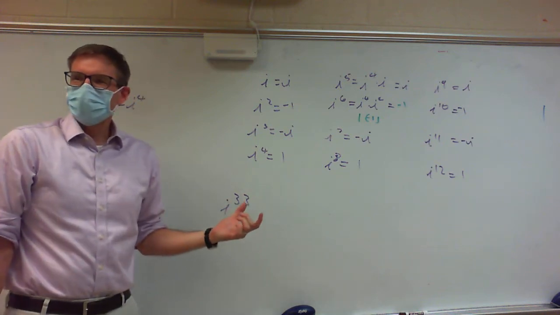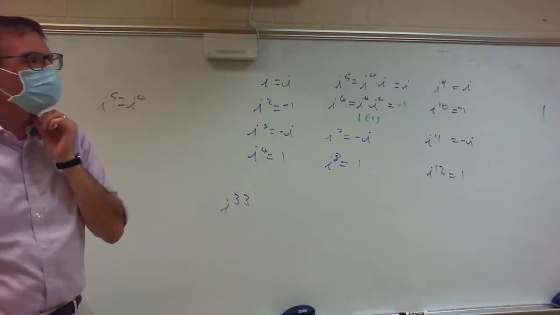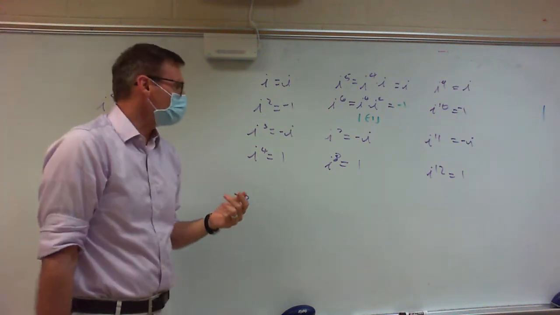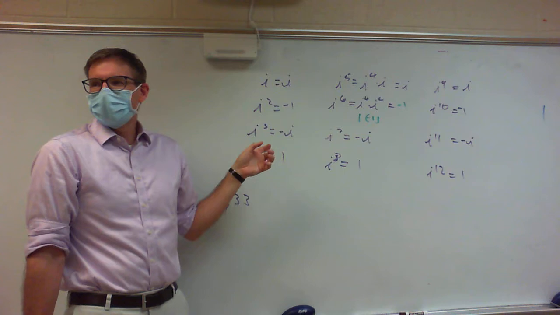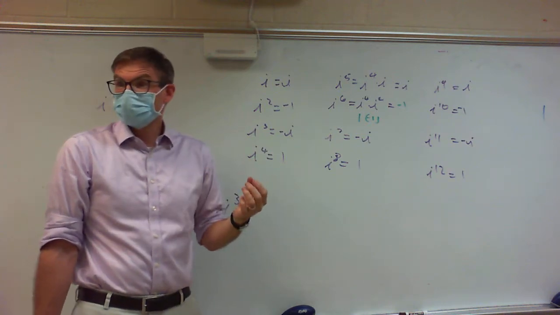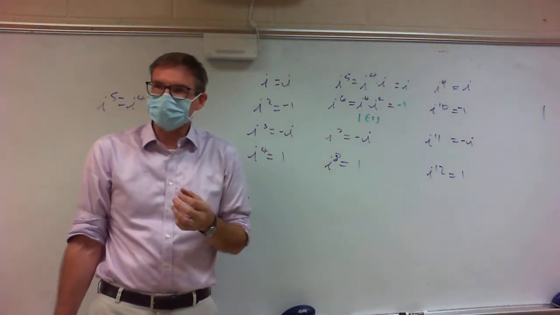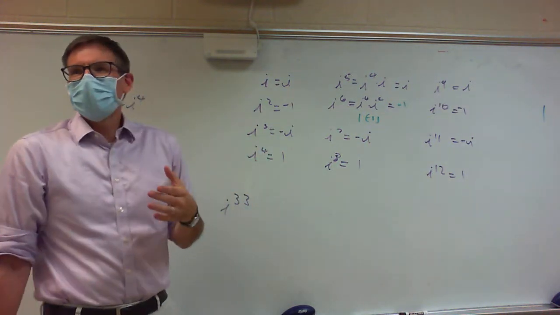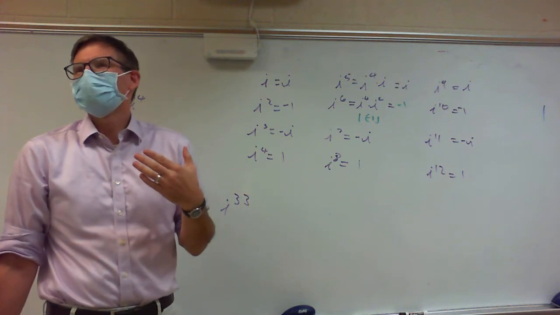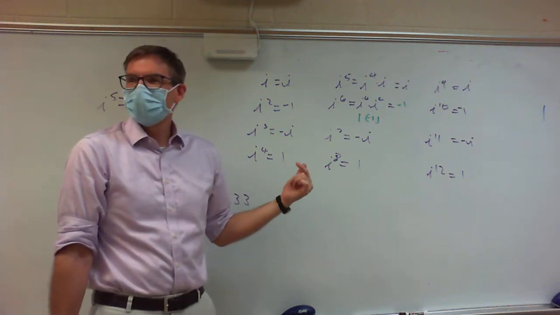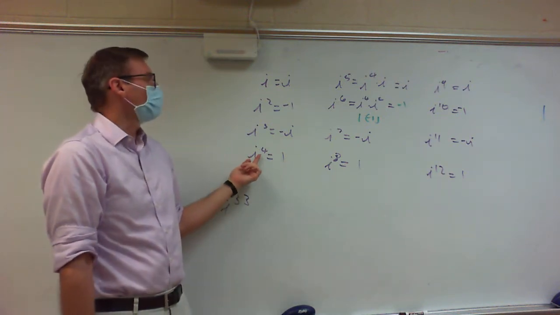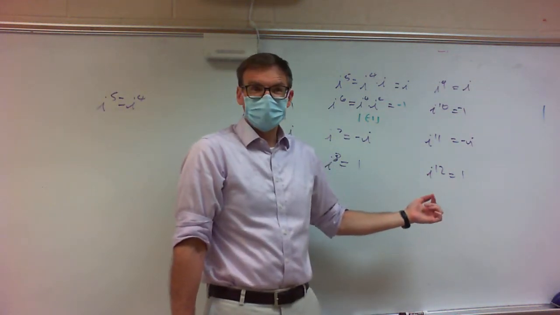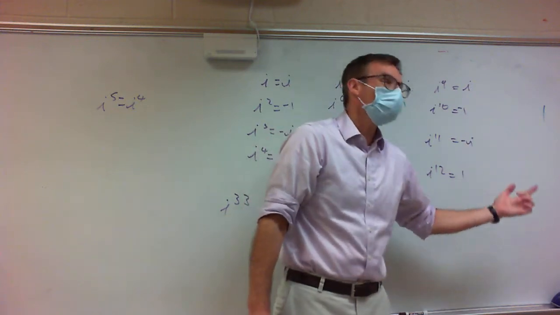Okay. So let's talk about what's helpful. I said I really like I to the 4th because I to the 4th is 1. Well, I kind of lied. I do like I to the 4th, it makes life easy. But I like I raised to a power that's a multiple of 4. See, I to the 4th is 1, I to the 8th is 1, I to the 12th is 1, I to the 16th is 1, I to the 20th is 1.